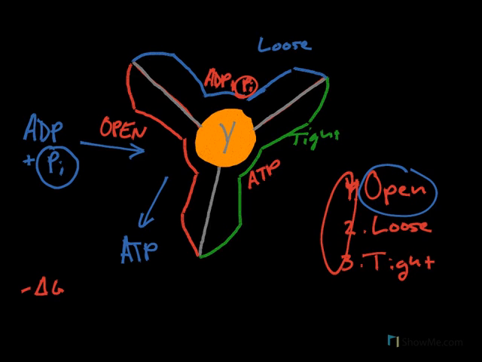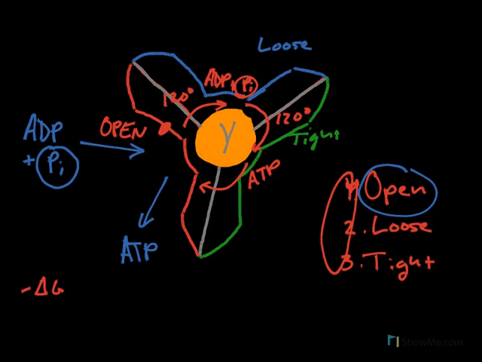You can imagine this like a carousel. As your gamma subunit rotates, it changes the conformation of each one of these sites. Our first open site, when this gamma subunit rotates a certain amount, which is 120 degrees, this open site will then become loose. If we have another 120 degree rotation, this loose site will become tight.